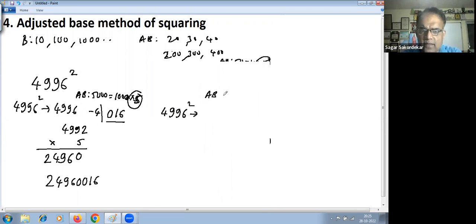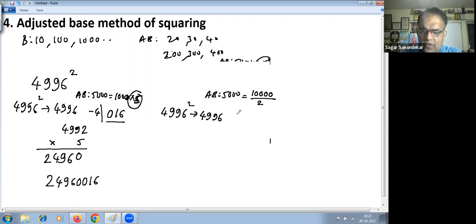The adjusted base is 5,000. Whether you take the main base as 1,000 or 10,000, the adjusted base will be 5,000, because only with 5,000 will this be very near. So here the relation will change by taking base 10,000. 10,000 divided by 2 is the relation here.